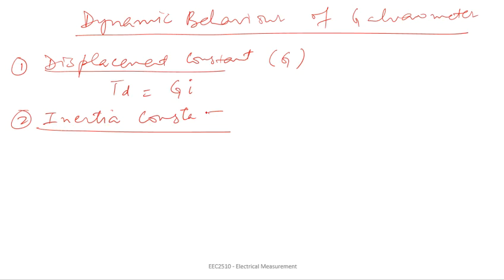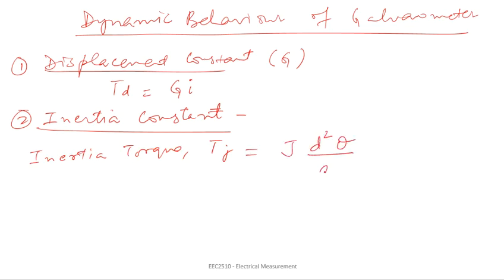Because of the inertia of the moving system, a retarding torque is produced in the system. This torque depends on the moment of inertia of the moving system and the angular acceleration. This inertia torque can be represented by T suffix J, which is equal to J times d square theta over dt square.